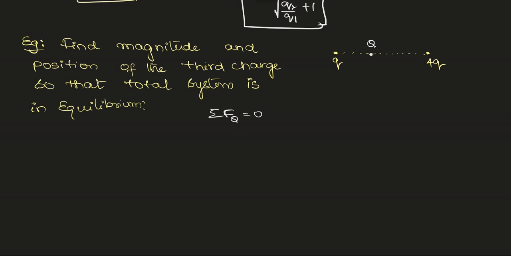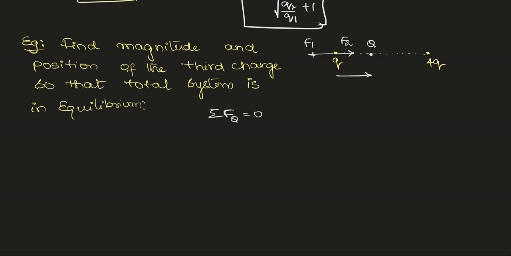Now we have to check the equilibrium condition of the other charges also. Between 4Q and Q, I am assuming that force is F1. Definitely it will be repulsive. Between Q and the small q, I'll assume that force as F2. Then only this Q will also be in equilibrium.